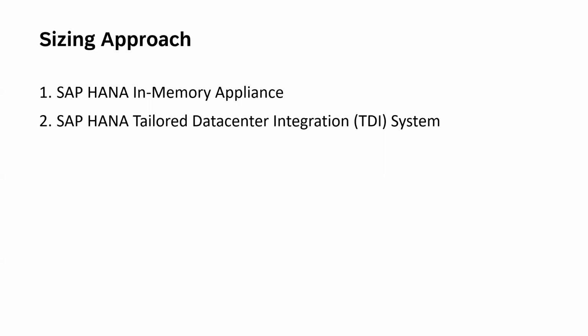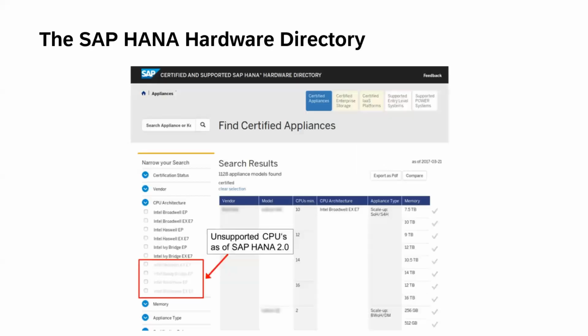If you want to see what appliances are there, you can find this page on the SAP website. This is the SAP HANA hardware directory, where you can see the certified and supported SAP HANA hardware. Here you can see all the appliances and their configurations.